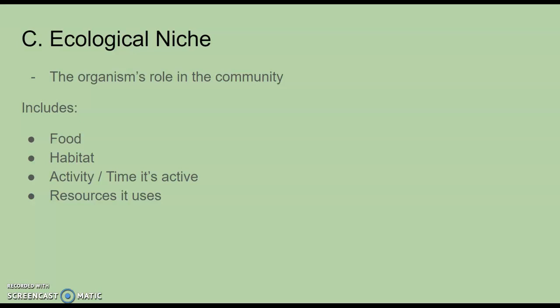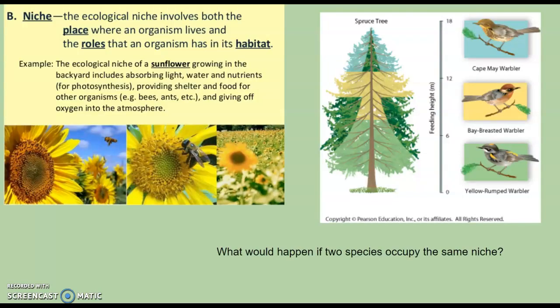My next point is called an ecological niche. This is simply an organism's role in the community. This includes what food that organism is eating, where it lives, what it is actually doing, what time of day it's active, at nighttime or daytime, and what resources it is using. So an example I have here is the sunflower.